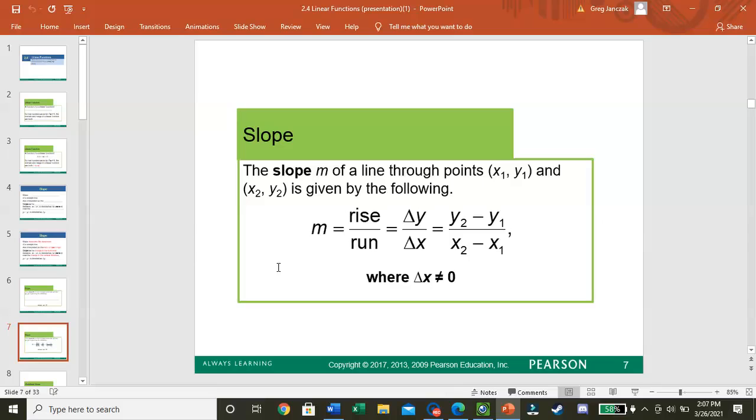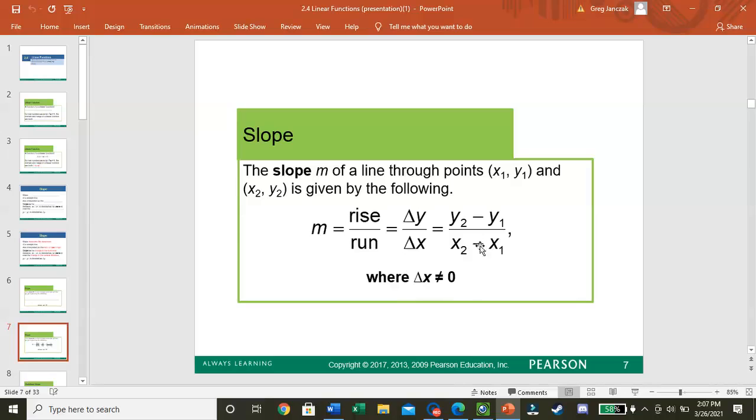Delta, this triangle-looking symbol, means difference, or change in the y values. So if you're looking at 2 points, x1, y1, and x2, y2, slope is y2 minus y1 over x2 minus x1. It's the change in y values over the change in x. Change in y is your rise, change in x is your run, where the change in x does not equal 0.